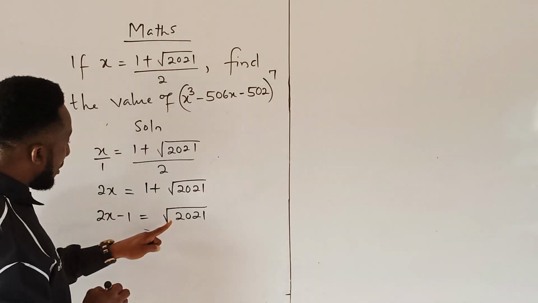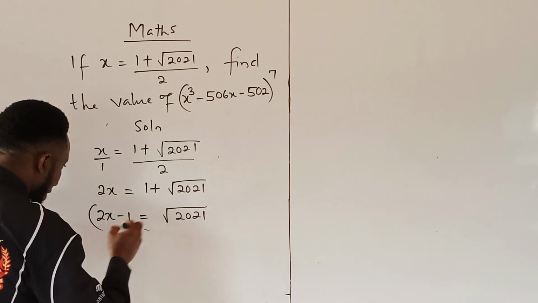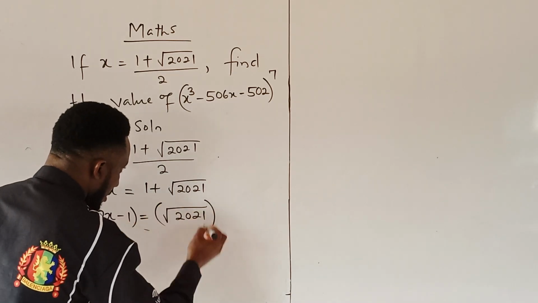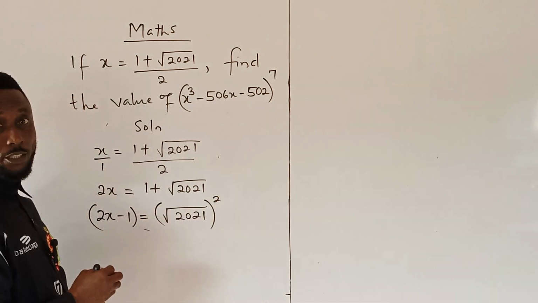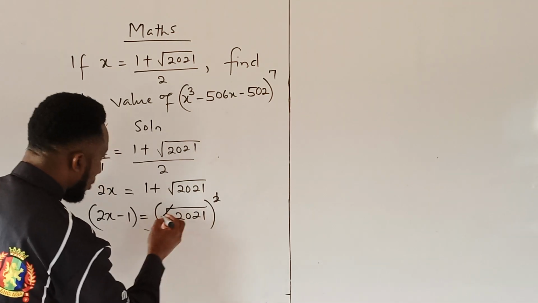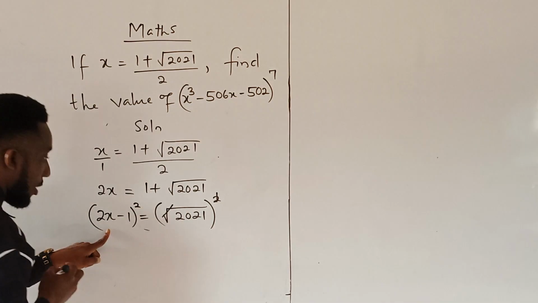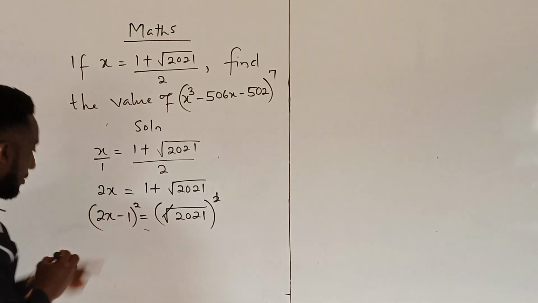If you look at what we have here, we have a square root, then we have a linear algebraic function. So if I square both sides, we are home and dry. Here we undo the square root, and then we have (2s minus 1) all squared.